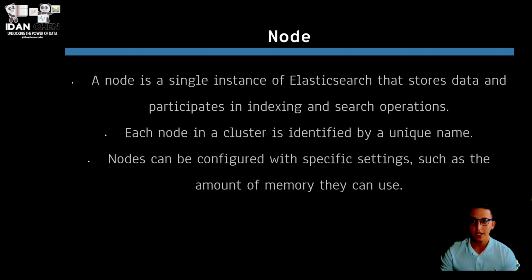Node. A node is a single instance of Elasticsearch that stores data and participates in indexing and search operations. Each node in the cluster is identified by a unique name. A node can be configured with specific settings such as the amount of memory it can use.